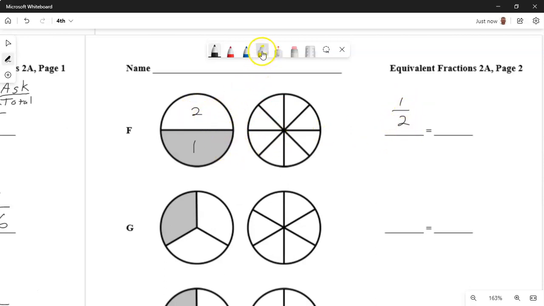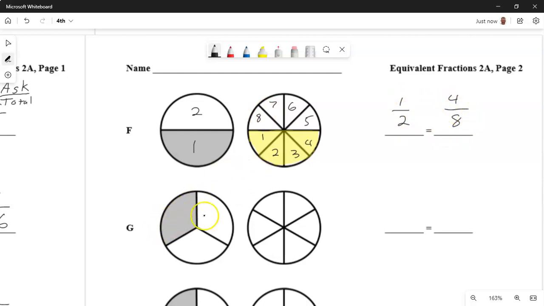If I shade in the same amount on this one, it's going to look like this bottom part of it. So I shaded in 1, 2, 3, 4 parts, so my numerator is going to be a 4 out of 5, 6, 7, 8 total parts. So 1/2 is equal to 4/8.